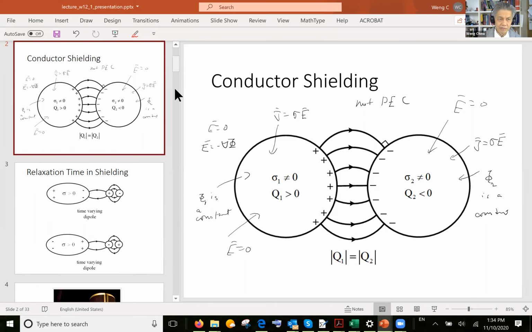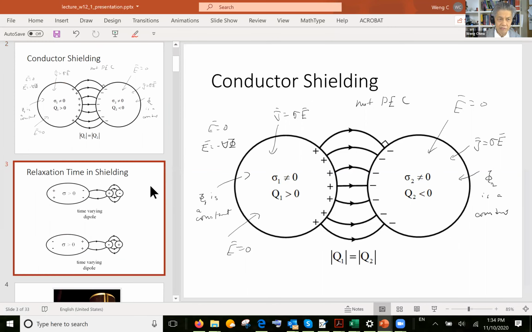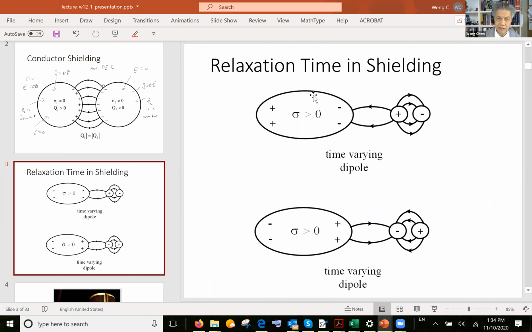What happens now if we bring a dipole near this conductive material? This is a time-varying dipole, and it is time harmonic, so that at one moment it will be plus and negative like that, but another moment it might flip its sign and become like that.